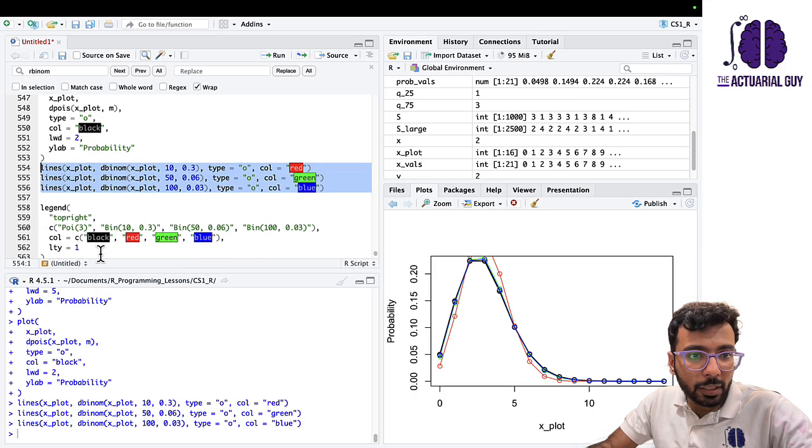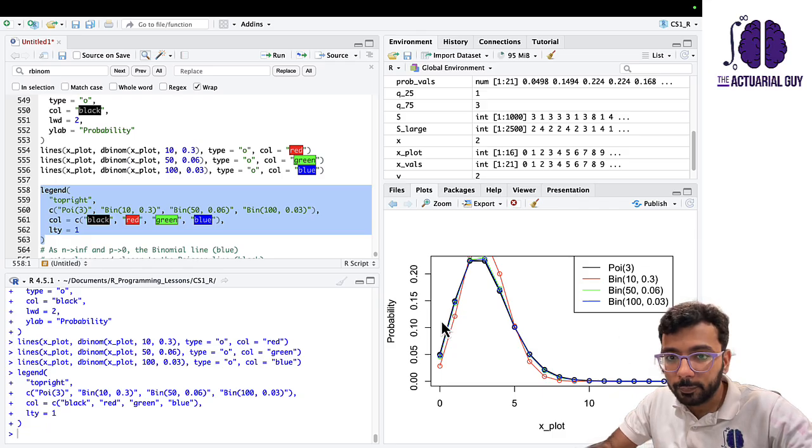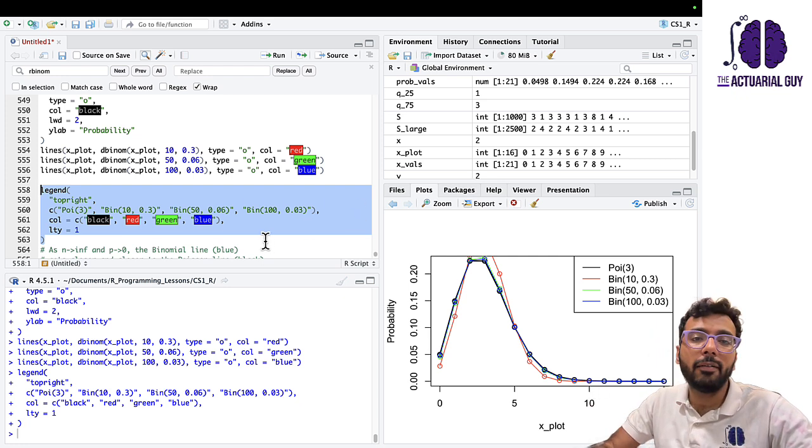Let me put in the legend and just show you what is happening. If you see the red line, that's 10, 0.3, and it doesn't go beyond 10. It can't go beyond 10. The reason is you can't have more than 10 successes in a binomial distribution with 10 trials.